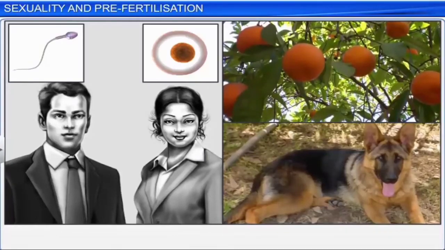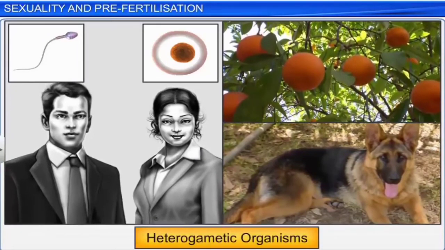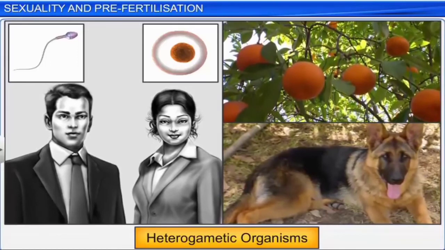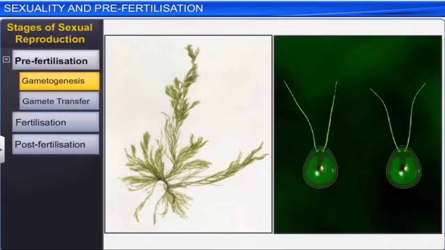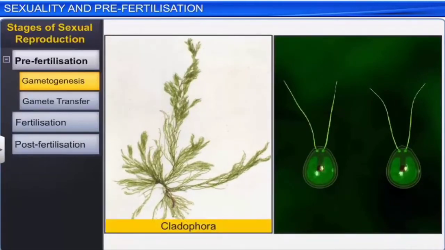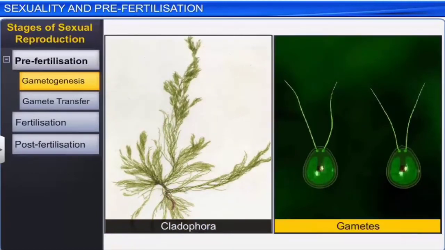Most sexually reproducing organisms, including human beings, are heterogametic, which means their gametes are heterogametes. However, in the case of some algae such as Cladophora, the gametes are so strikingly similar that it is not possible to categorize them as male and female gametes.